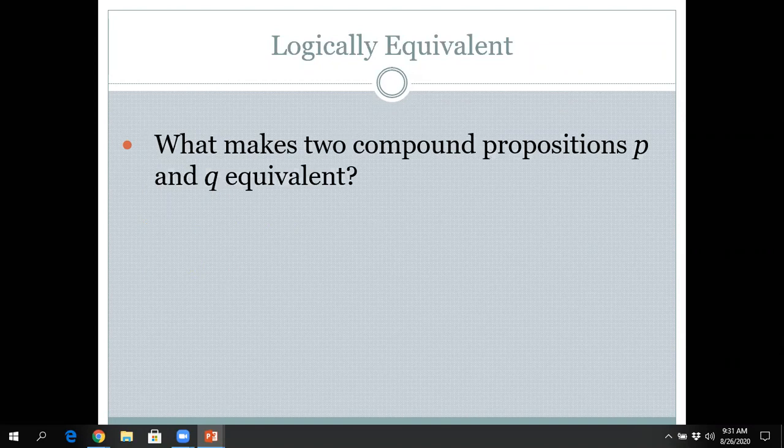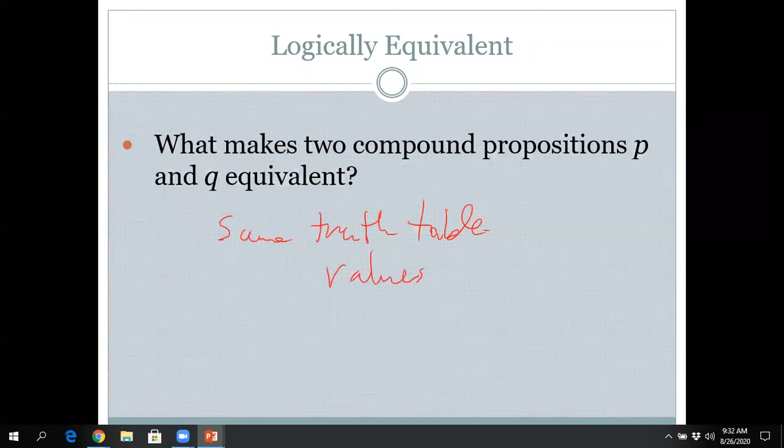Truth tables have to behave exactly the same, no matter what the values of the propositions that make them up. So the answer is the same truth table values. Those will be equivalent propositions.